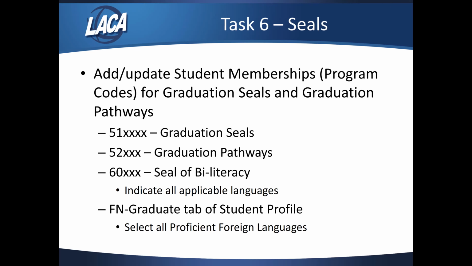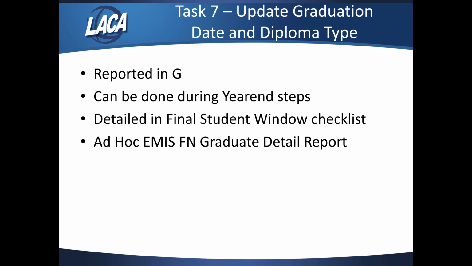And then if they did the seal of biliteracy, on the FN graduate tab, you can select all of the languages the student is proficient in. We talked about updating the graduation date and diploma type.